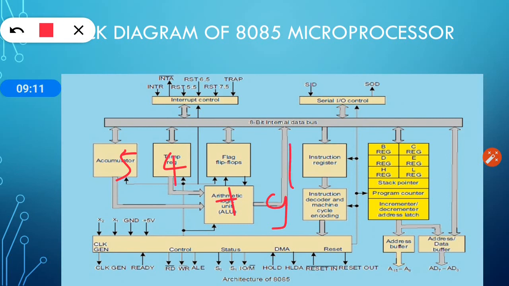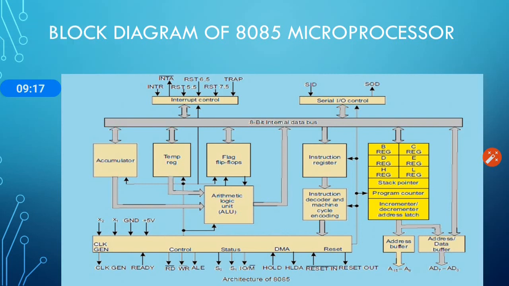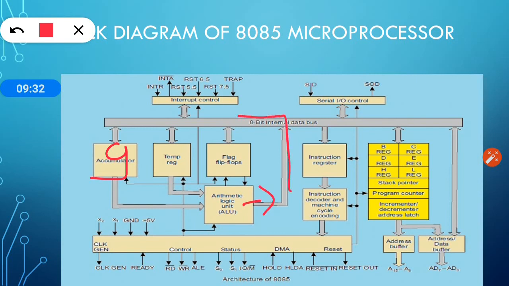This output is again stored back to the accumulator. That means the accumulator's current value is 9 after the addition. So remember that whatever the result of the ALU is, it is stored back to the accumulator.